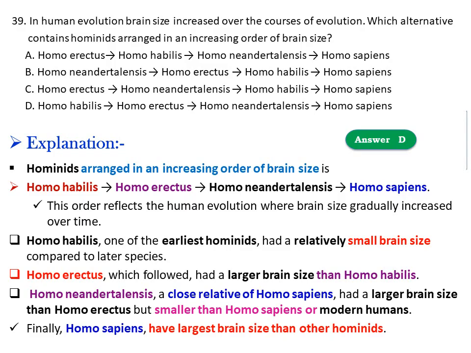The hominids arranged in increasing order of brain size are Homo habilis, Homo erectus, Homo neanderthalensis, and Homo sapiens. Okay, read one by one.